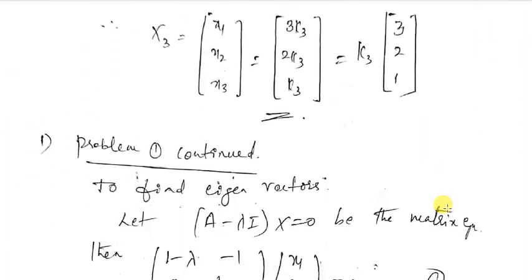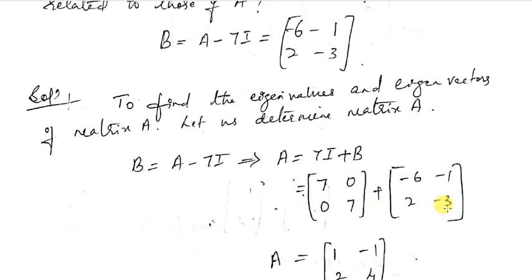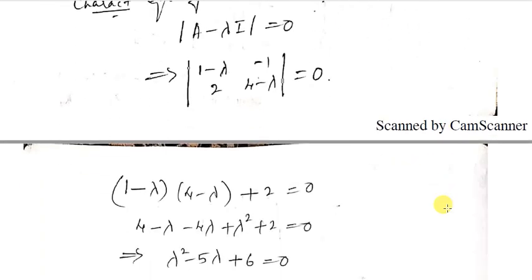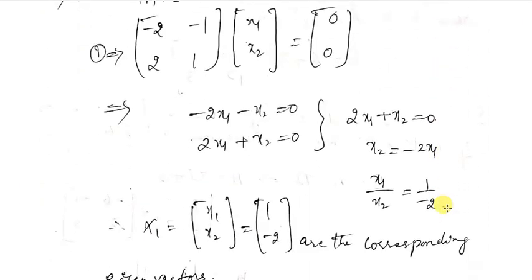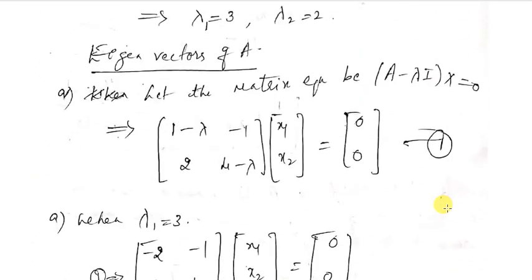To find the eigenvectors, we have to start with the matrix equation, that is A minus lambda I times x is equal to 0.